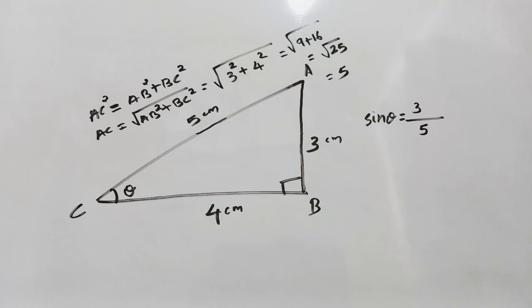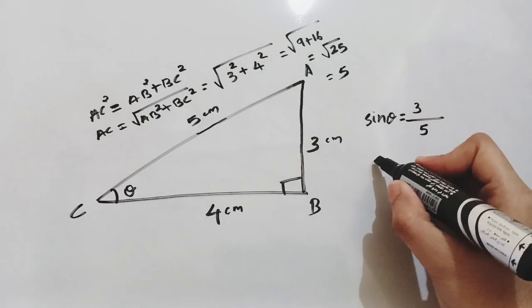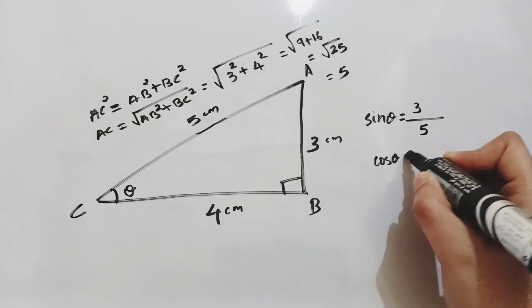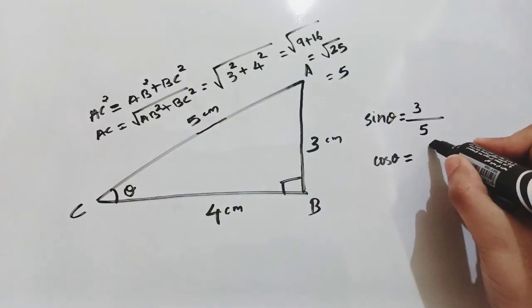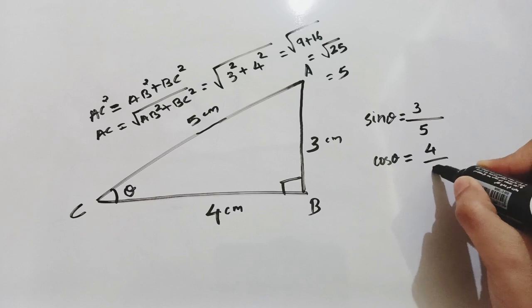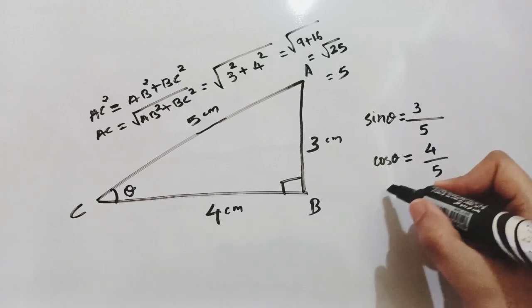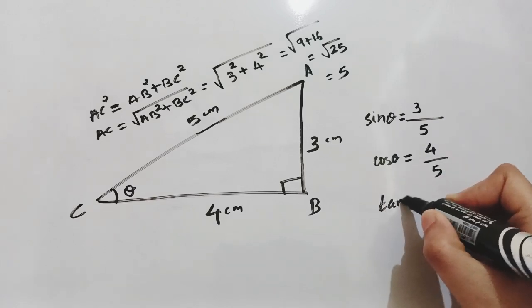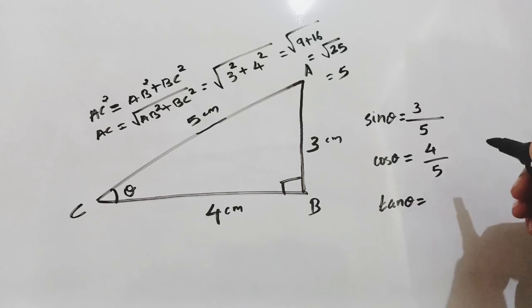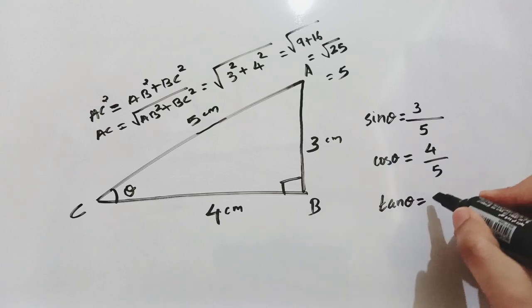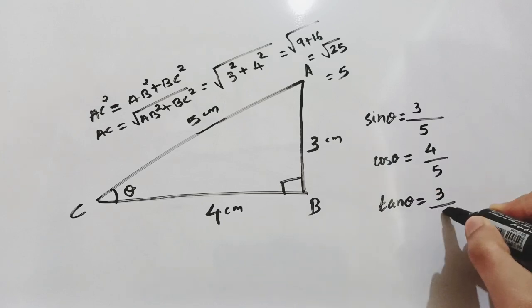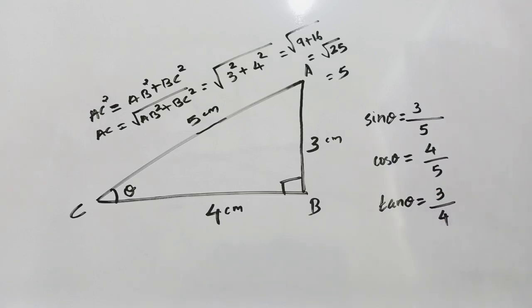Then sin theta equal to 3 by 5. Cos theta equal to adjacent side by hypotenuse, which is equal to 4 by 5. Then tan theta equal to opposite side by adjacent side, which is equal to 3 by 4.